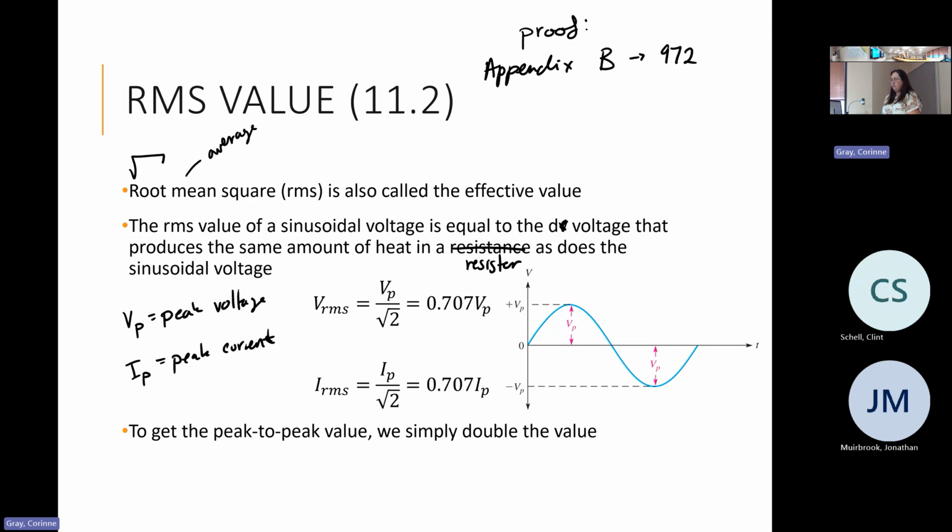The textbook for all of its things will round it to 1.414. So it'll keep 3 decimal points for all the fun math we're about to learn to do. Any other questions about RMS?